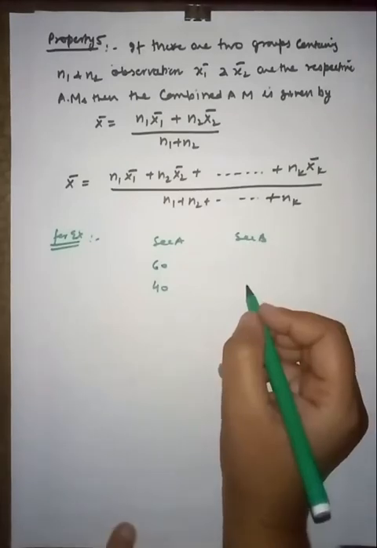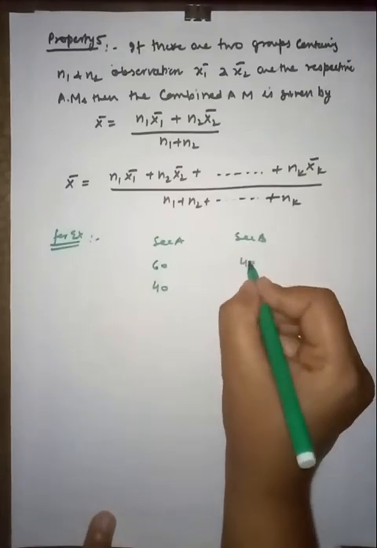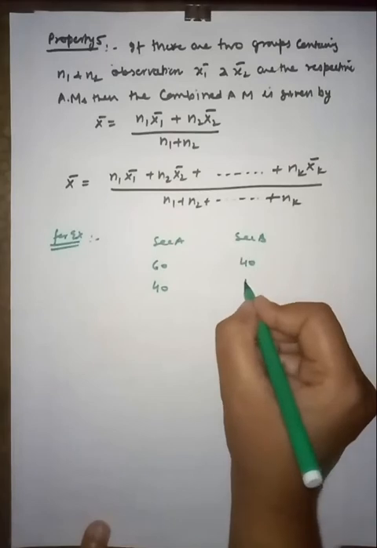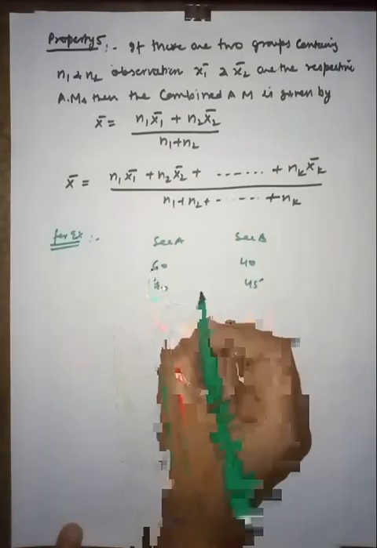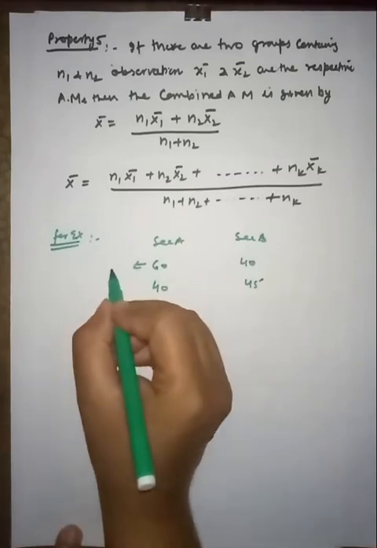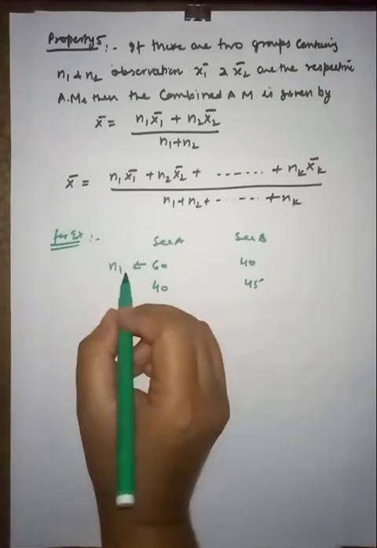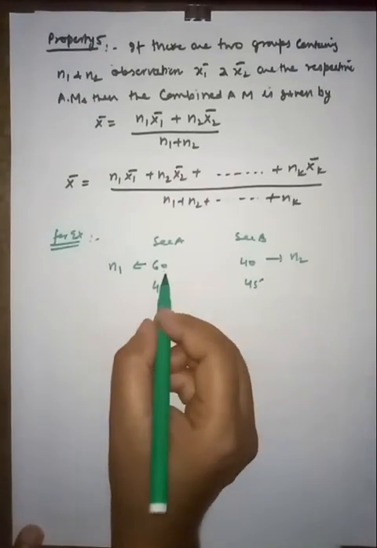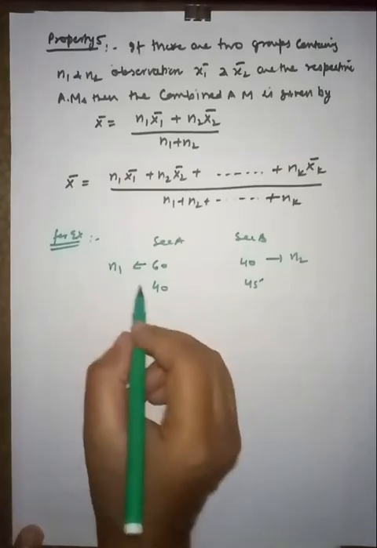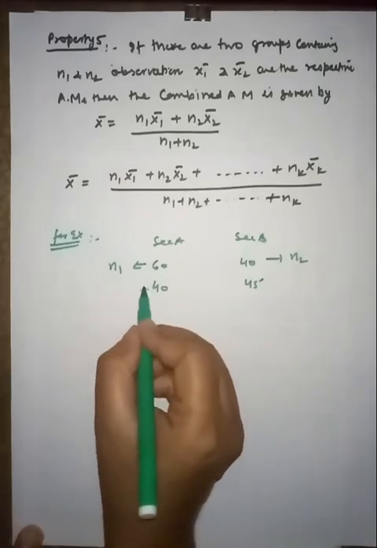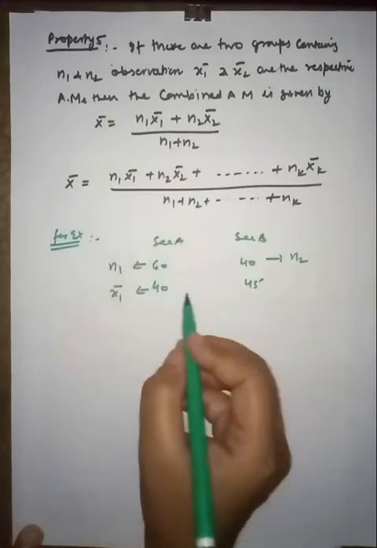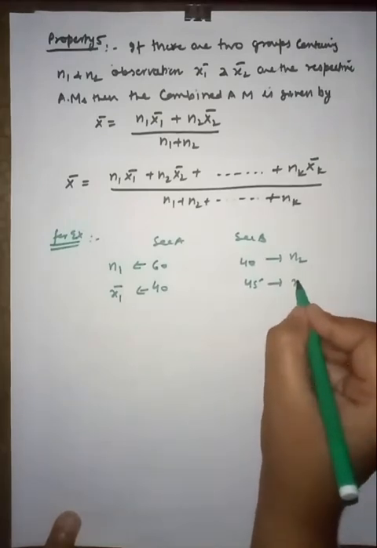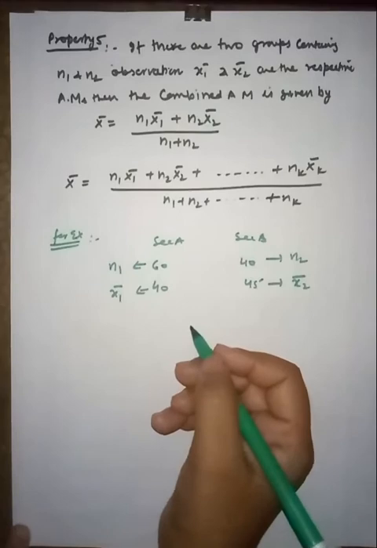In section B I have taken 40 students, and the mean marks of these 40 students of section B is, suppose, 45. So 60 is the number of students of section A, so I take it as n1, and this is section B, so n2. The mean marks of section A I take as x1 bar, and for section B I take x2 bar, right?